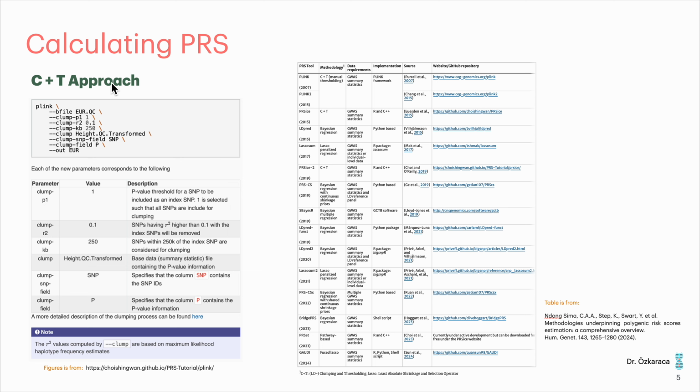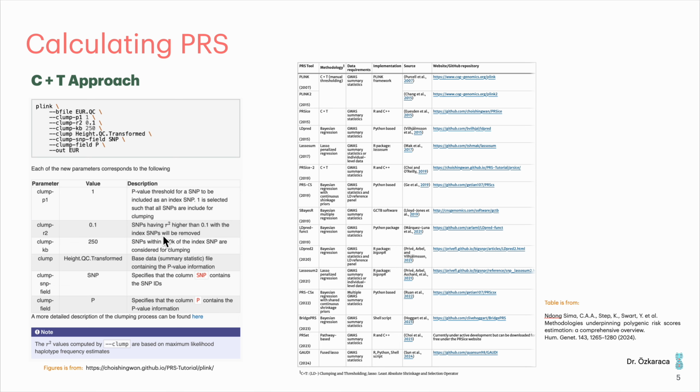The idea is that you divide the genome into windows of SNPs, and then for each window you apply threshold clumping. The idea of clumping is that you apply a threshold of, for example, 0.1, and any SNPs that have R square greater than 0.1 with the index SNP are removed, and this would filter the SNPs with high LD.